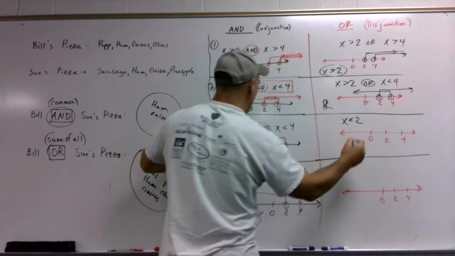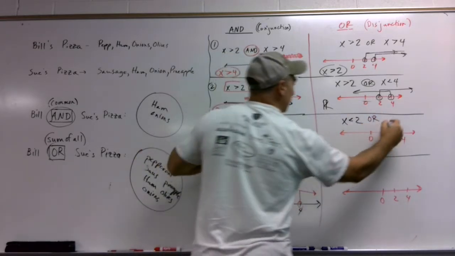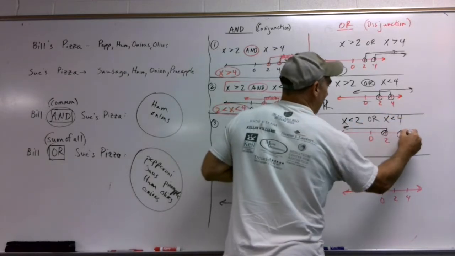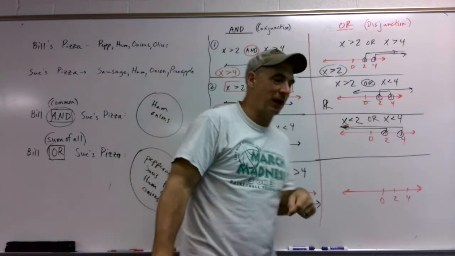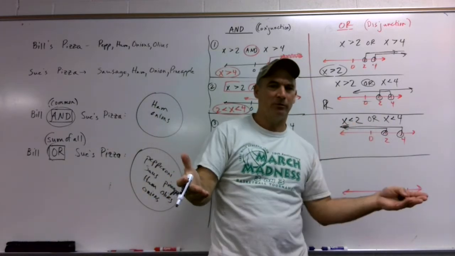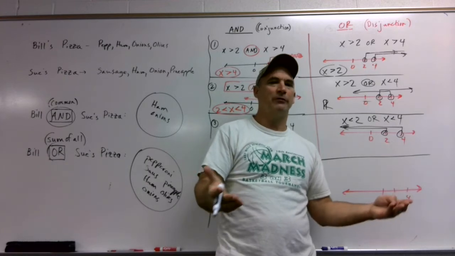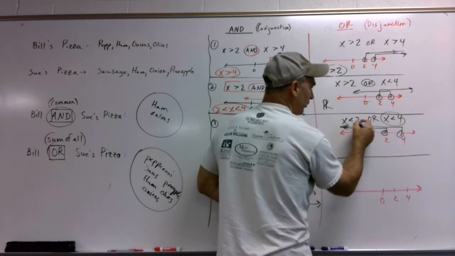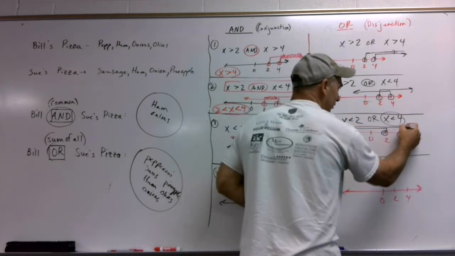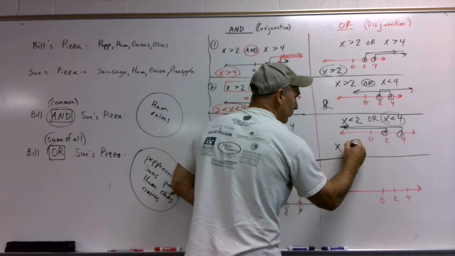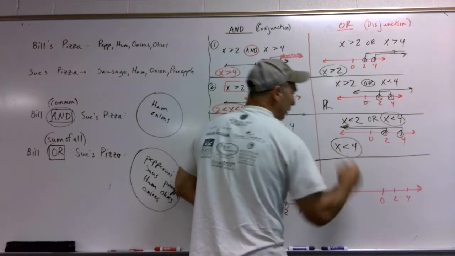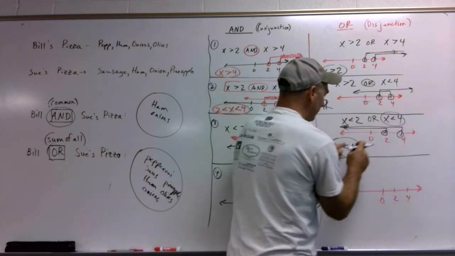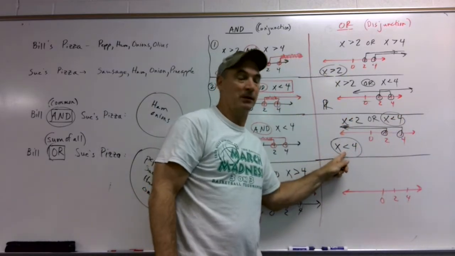X is less than 2 or x is less than 4. The picture looks like this and like this. Now we're trying to answer this with as little language as possible, so we ask ourselves, which one covers the other one? Well, x is less than 4 covers x is less than 2. So this explains it all. That's the sum of both of these things put together, stated as simply as possible.